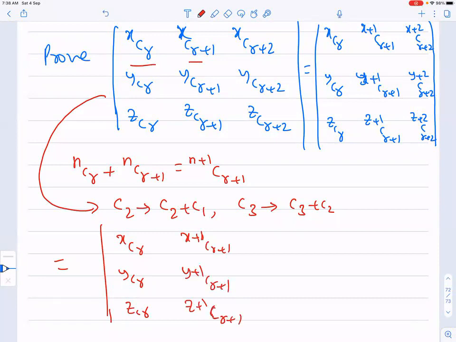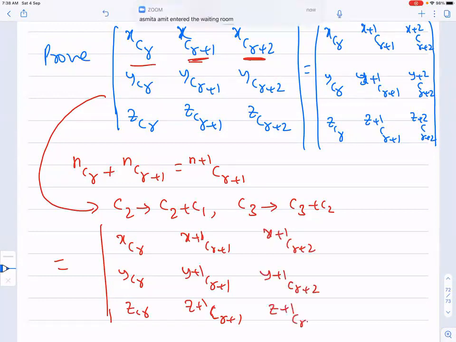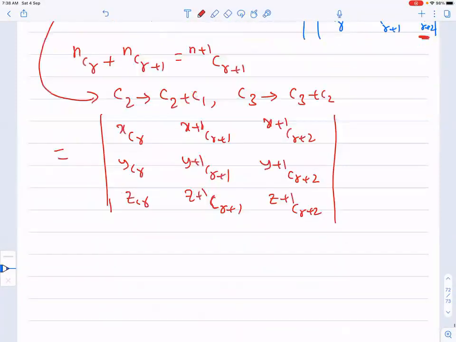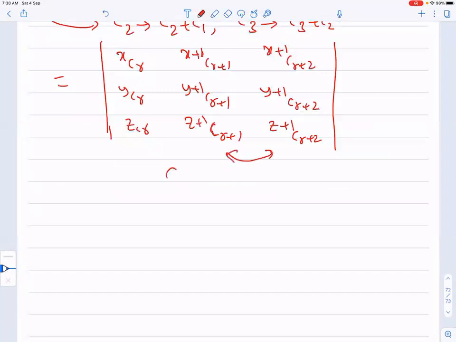C3 goes to C3 plus C2. That means the addition of these two will be X plus 1 CR plus 2, Y plus 1 CR plus 2, Z plus 1 CR plus 2. Now what are we going to do, students? We need X plus 2, Y plus 2, Z plus 2. So for that I'm going to add these two, that means C3 goes to C3 plus C2.